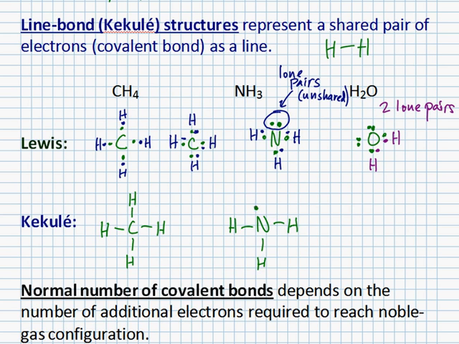And then I'm going to draw those lone pairs still as dots. So in those Kekulé structures, we draw lines for bonds, but dots are lone pairs that are originally on the atoms. Okay? So H2O, 2 bonds, and 2 lone pairs.